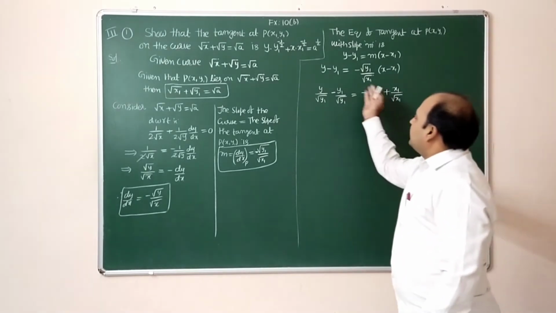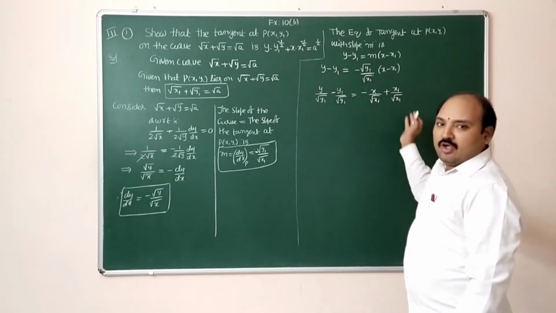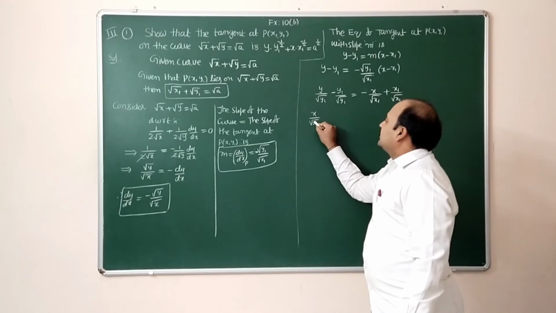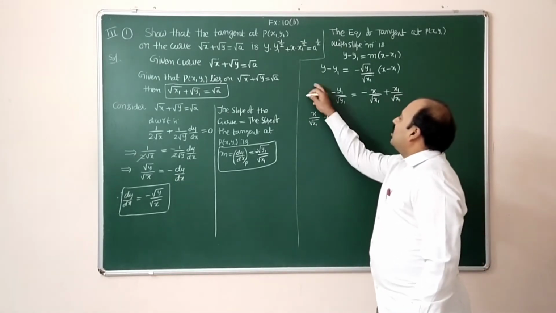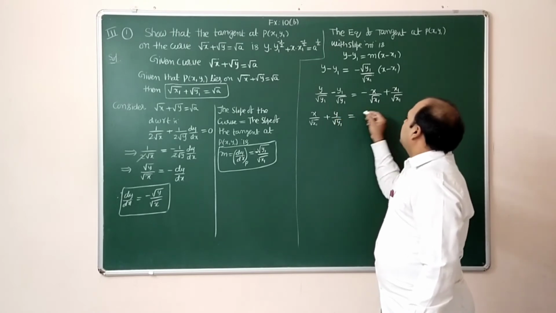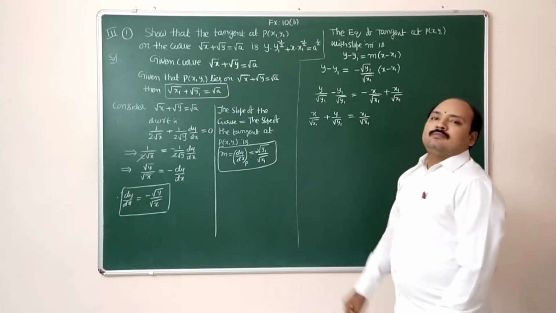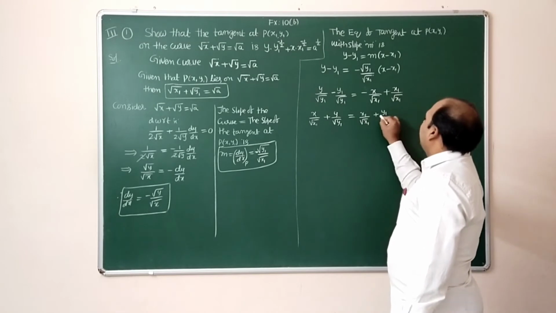Here the minus value I am taking to the other side. So minus x by root x1 we take to the LHS as plus x by root x1. Plus y by root y1 is already there, which is equal to plus x1 by root x1 minus y1 by root y1, which we take to the RHS.